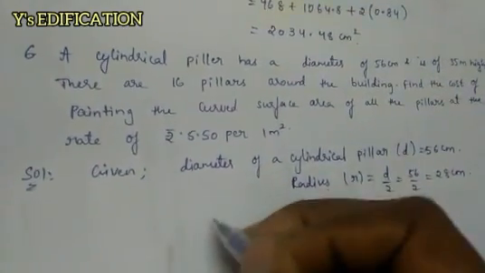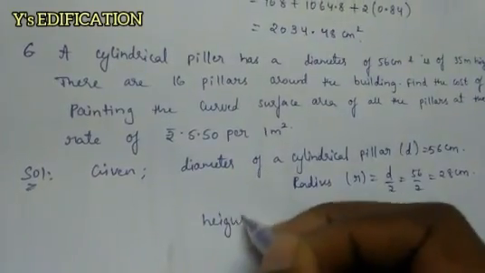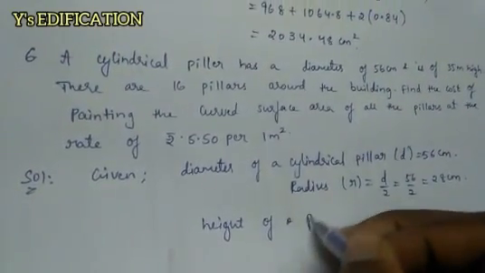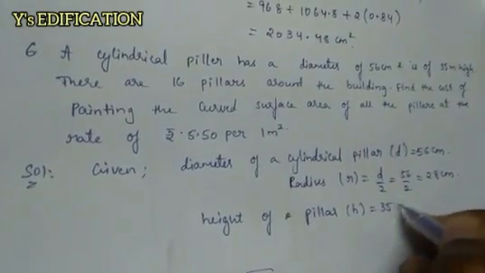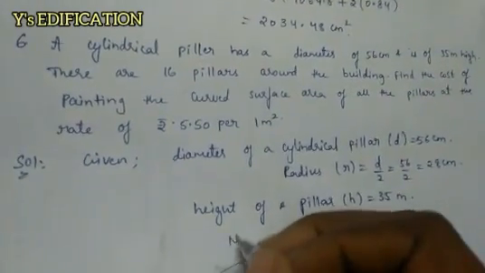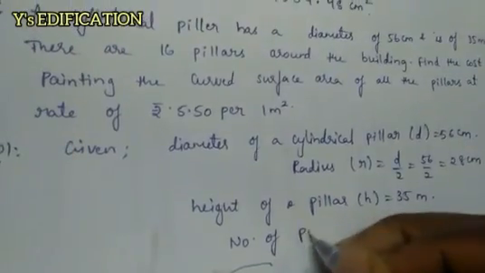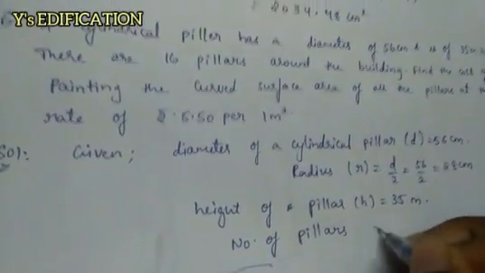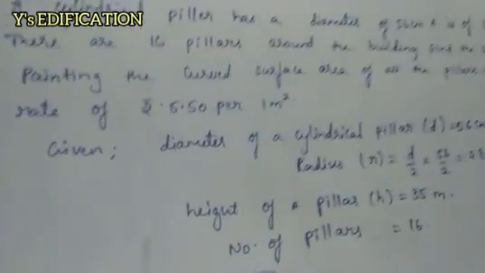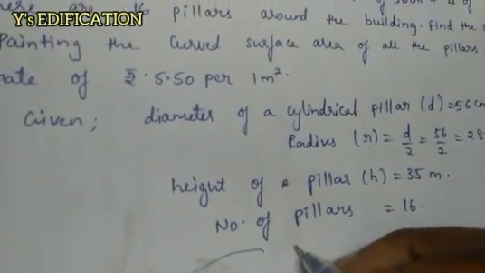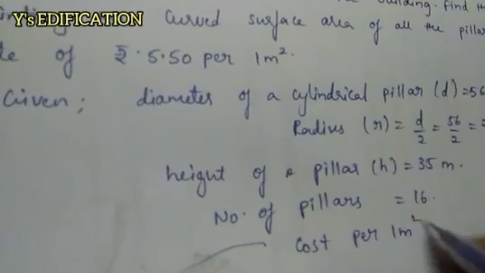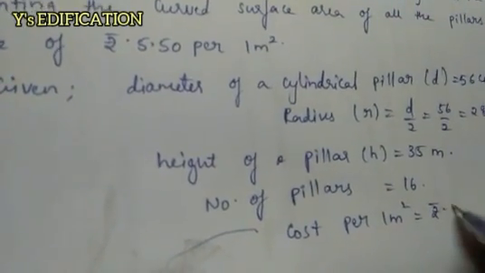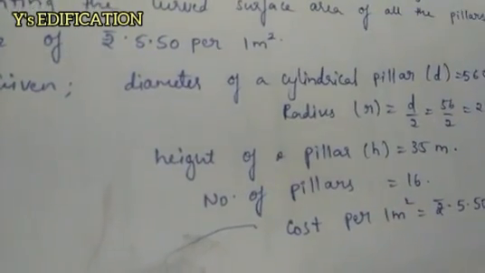Okay. And next, what is given? Height of the pillar. What is the height of a pillar? 35 meters. And what is given next? Number of pillars. We have 16 pillars. Okay. And next, cost per 1 meter square is 5.50 rupees.